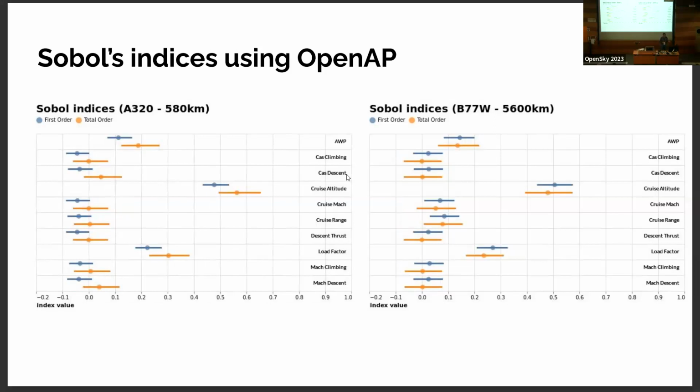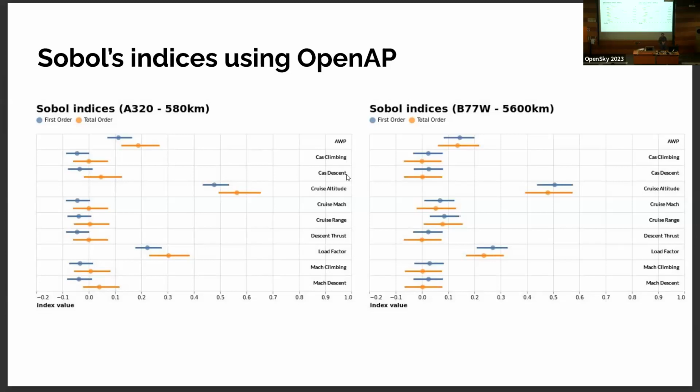The first one is on shorter flights, and the one on the right is the one for the B777. Here, which is quite surprising, using OpenAP, we can see that the cruise altitude, even for a short flight compared to the one on the 2,300 kilometers, is way more impactful than the variables that are taken for the takeoff weight.